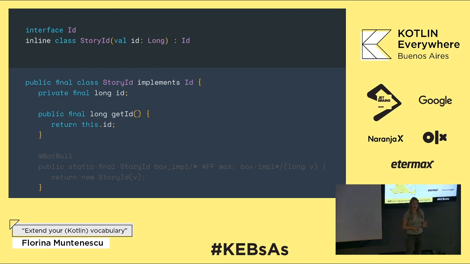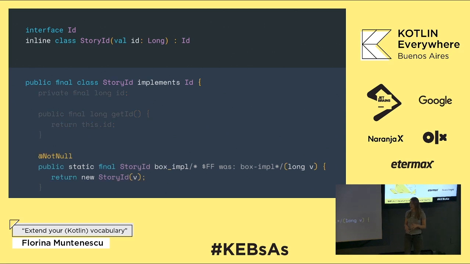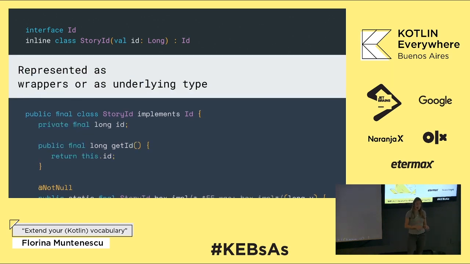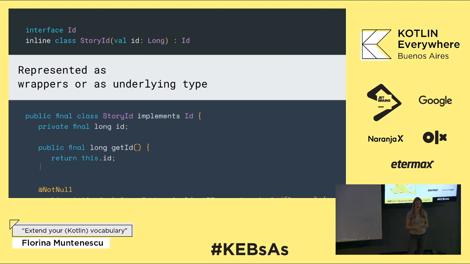Okay, that's nothing much. But what it also has is a boxed implementation. This means that in some cases, Kotlin is going to use this as an object instead of a wrapper. More precisely, an inline class is represented as a wrapper or as an underlying type, depending on the situation.